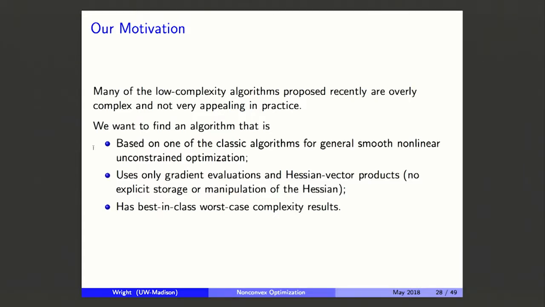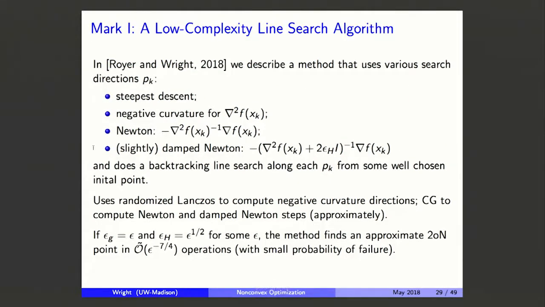It's where you take the Newton equations and solve them using conjugate gradient, and try to see if we could retool that in a way that could give us complexity guarantees. I wanted to use only gradient evaluations and Hessian vector products, and I wanted to match the worst case complexity results. So we have a paper that's about a year old now, our first attempt at this, which is work with my postdoc Clement Lullier and student Mike O'Neill.